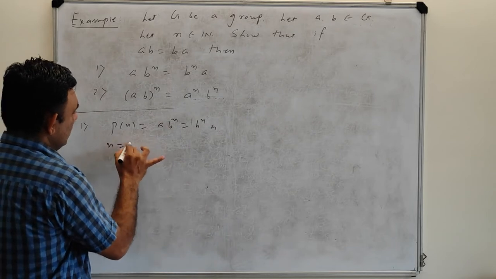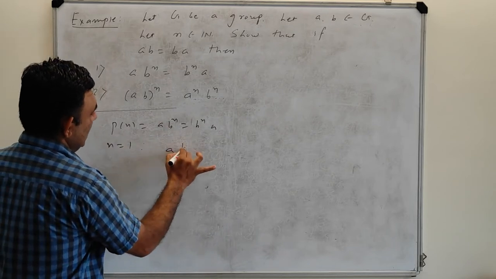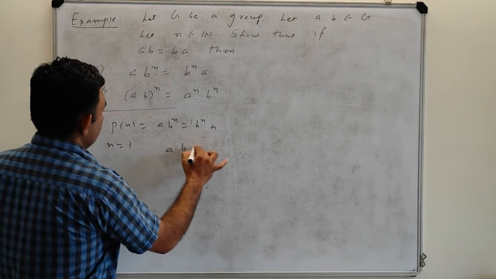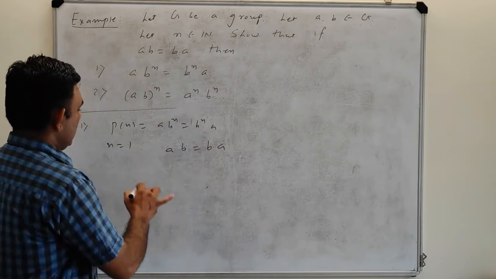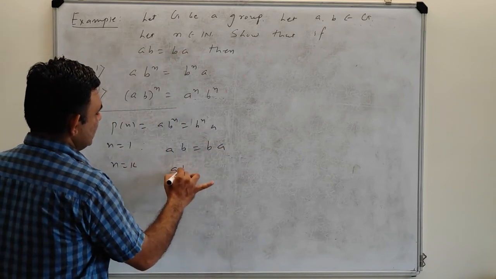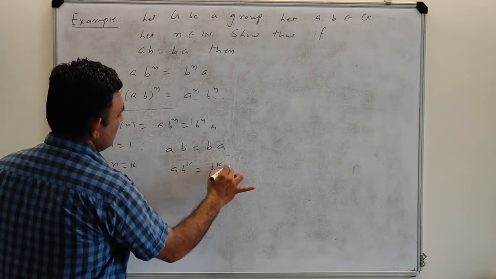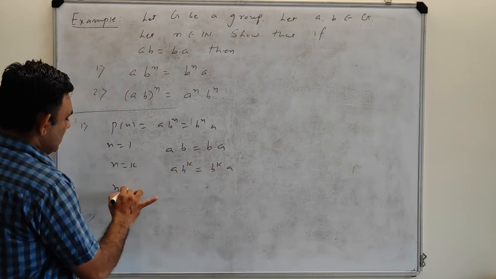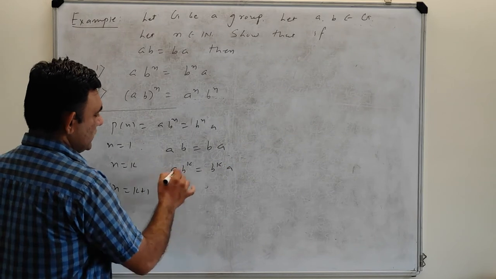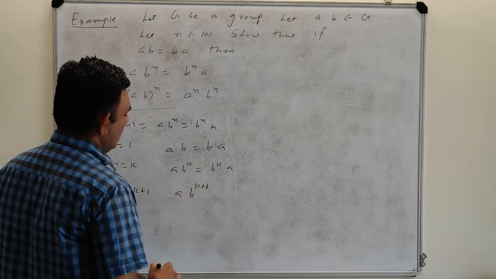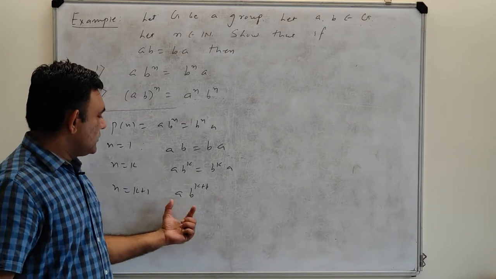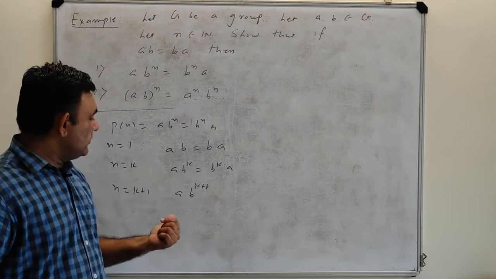For n equal to 1, it will be AB equal to BA, which is true because it is given. Now assume that for n equal to k, AB raised to k is equal to B raised to k times A. Now for n equal to k plus 1, what do I need to prove? It should be B raised to k plus 1 into A.